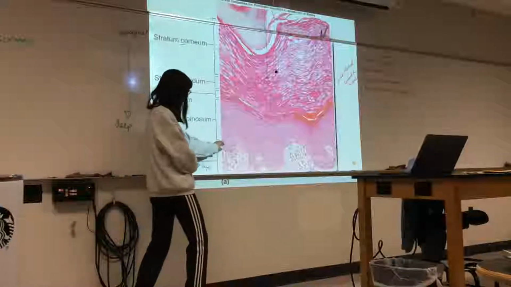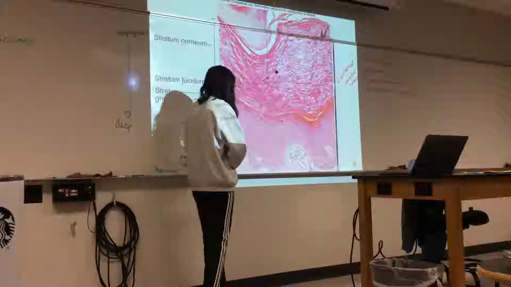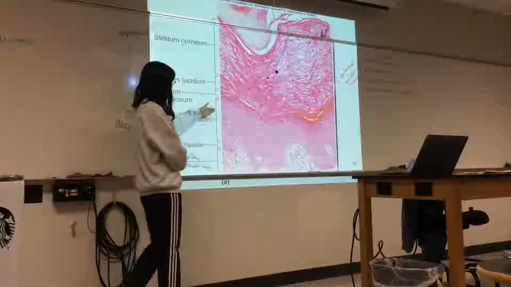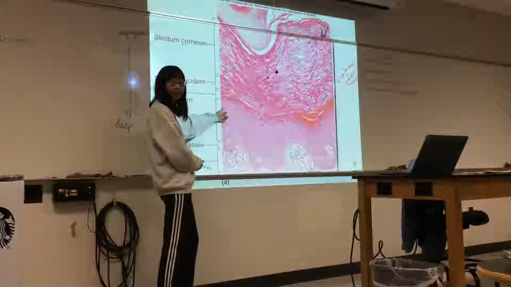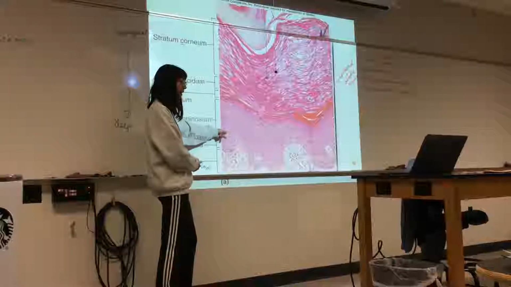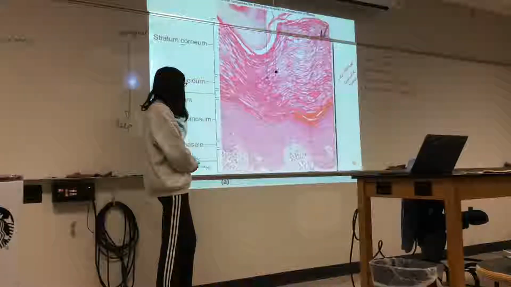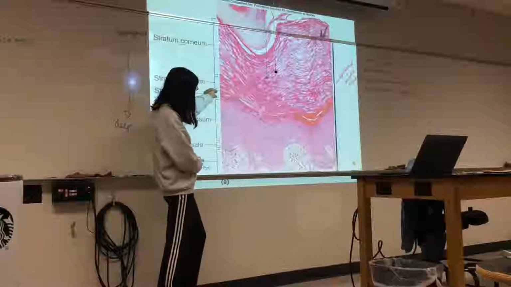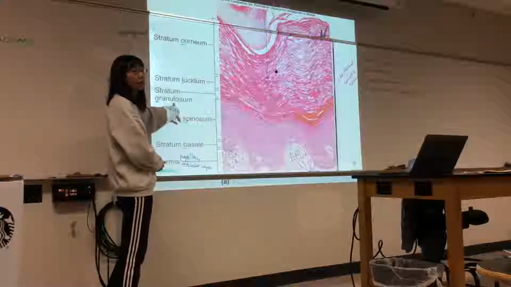It's just one layer of cells. That's going to be basale. Then right above that, all of these squamous cells that you see, that layer is spinosum. Then this top edge is what layer? Granulosum.